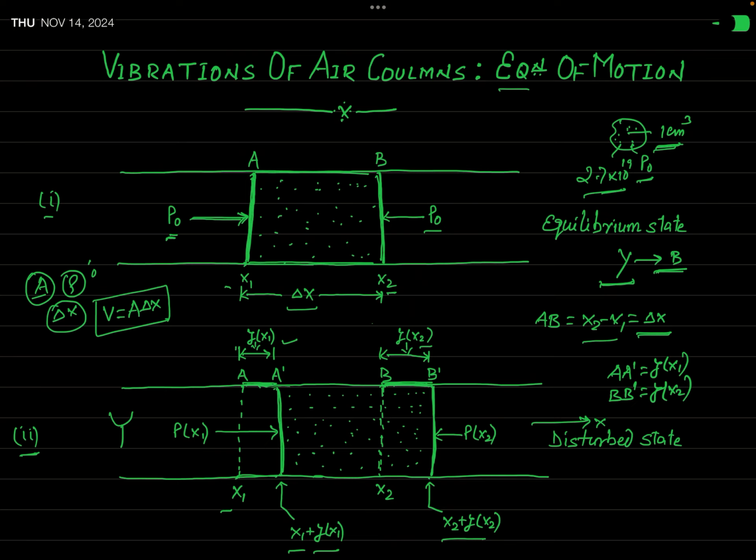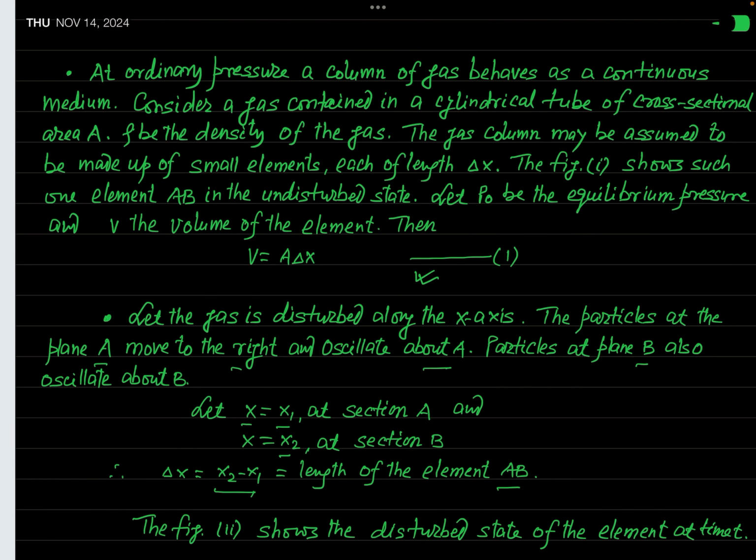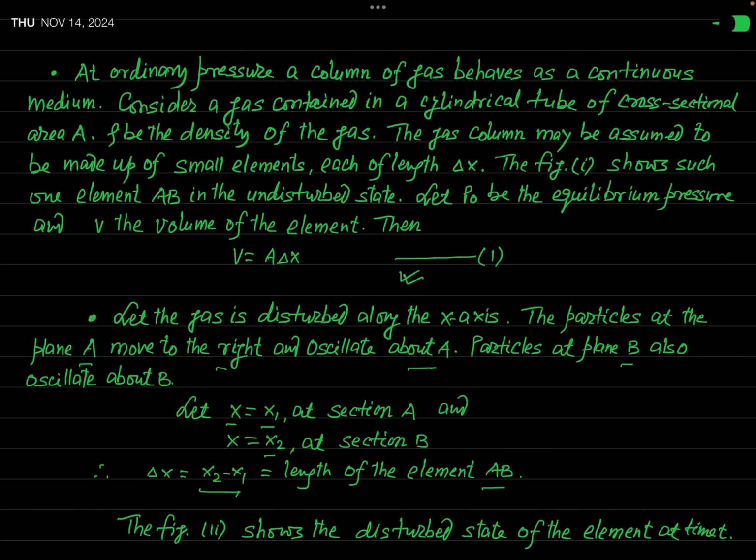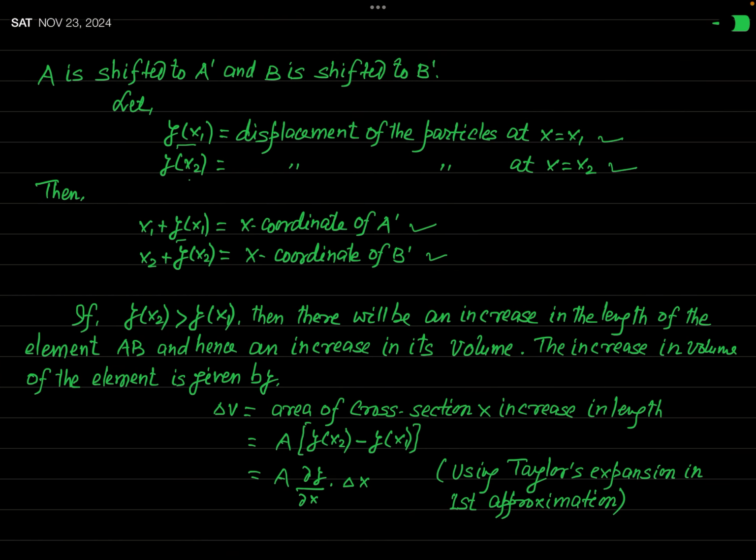As you can see, I have considered that in the disturbed state, the pressure acting on section A dash is P of x1 and that on section B dash is P of x2. And you can see the direction along which these pressures are acting.